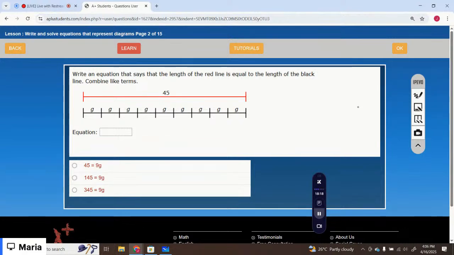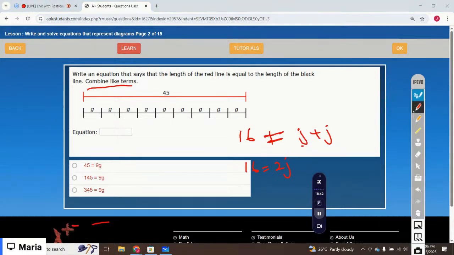Write an equation that says the length of the red line is equal to the length of the black line. Combine like terms. So we have the length of the red line is 45.